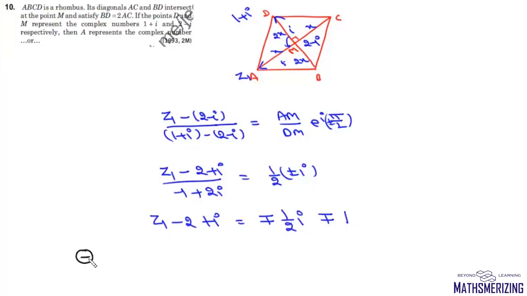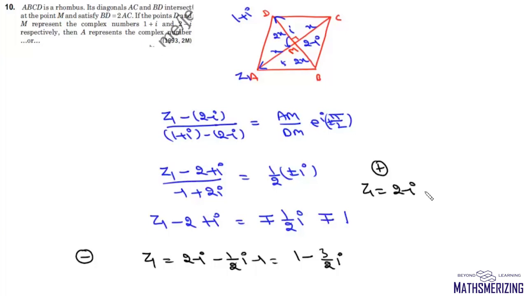Now if we take this minus sign, we'll get Z1 as 2 minus i minus 1 by 2 i minus 1, which is 1 minus 3 by 2 i. And if we take this plus sign, we'll get Z1 equals 2 minus i plus 1 by 2 i plus 1, which is 3 minus 1 by 2 i. So the possible coordinates of this point A will be either 1 minus 3 by 2 i or 3 minus 1 by 2 i.